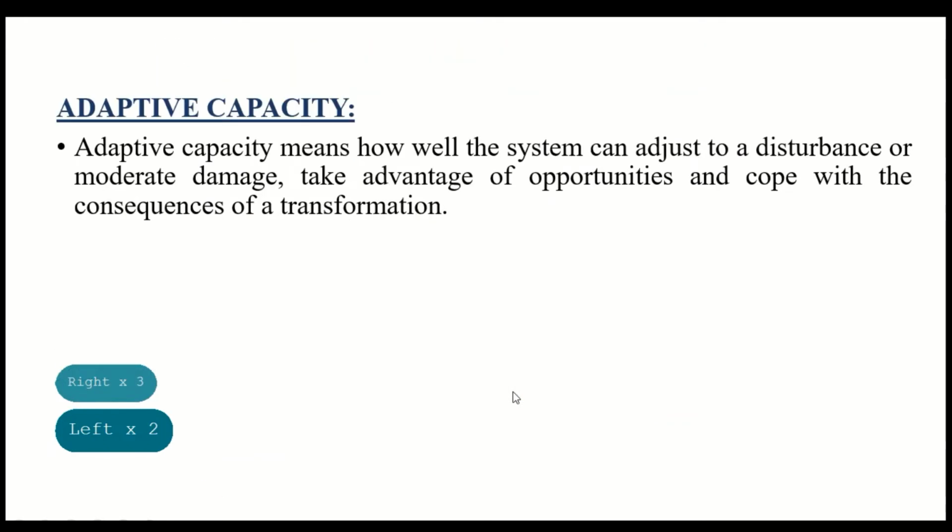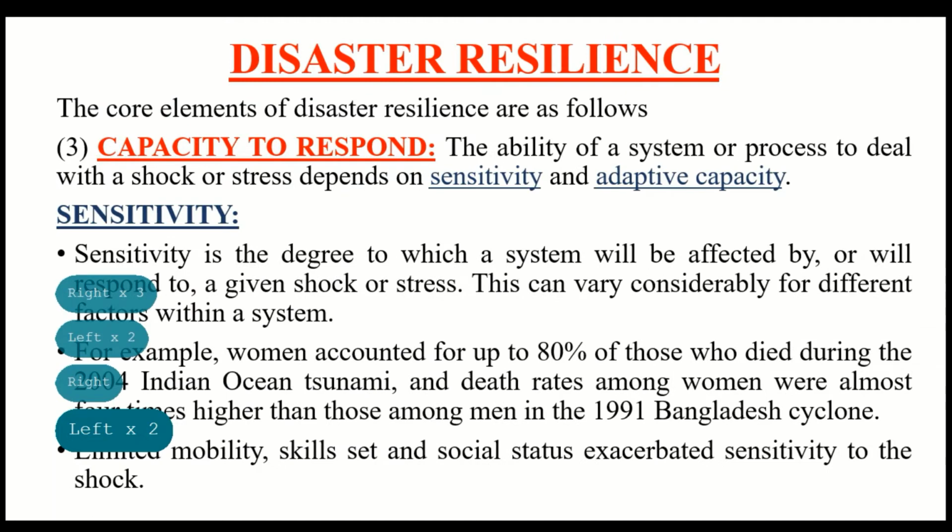The ability of a system or process to deal with a shock or stress depends on two terms, sensitivity and adaptive capacity. First one is sensitivity. Sensitivity is the degree or the extent to which a system will be affected during a hazard, shock or stress. That is the sensitivity.